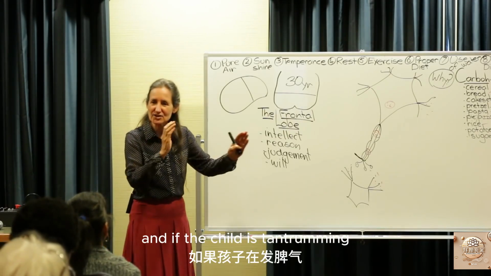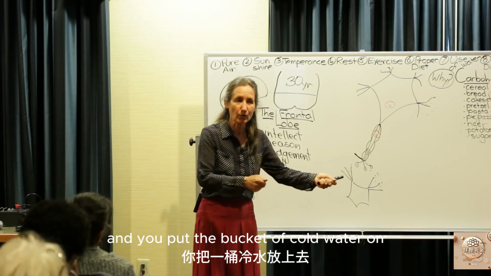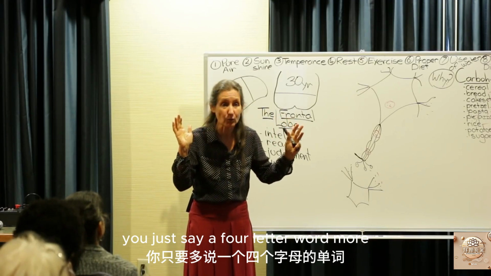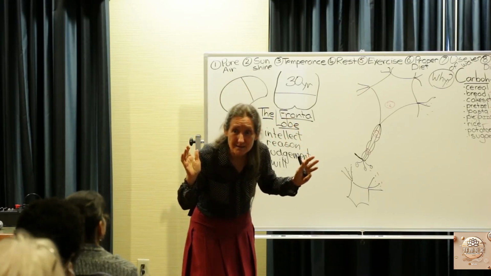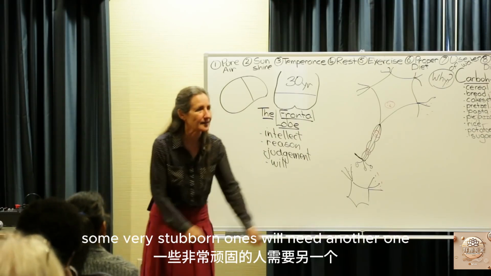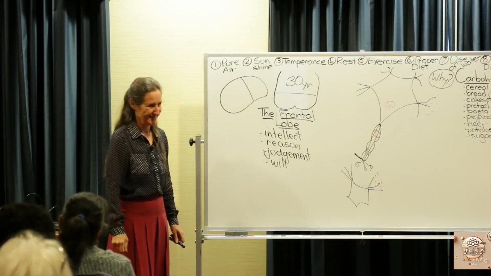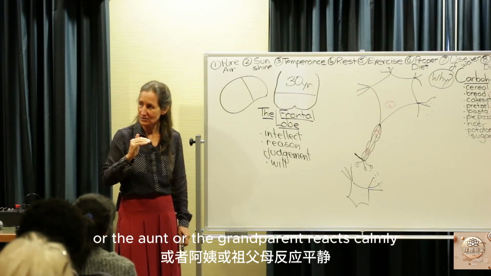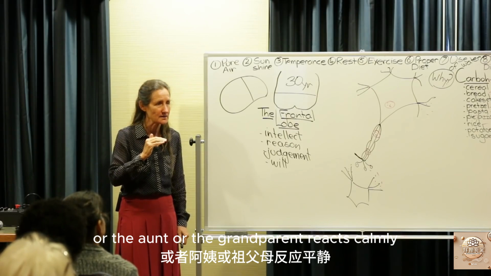And if the child is tantruming and you put the bucket of cold water on and they get even angrier and start up again, you just say a 4-letter word, more. Some very stubborn ones will need another one. But can you see how the parent or the uncle or the aunt or the grandparent reacts?